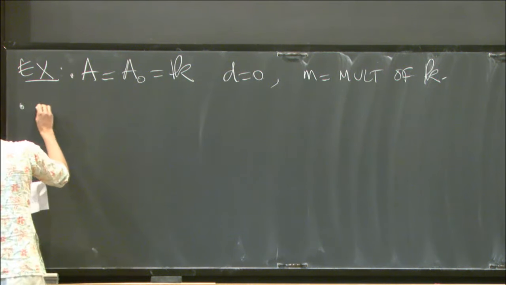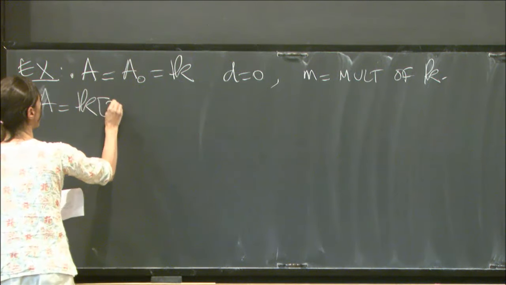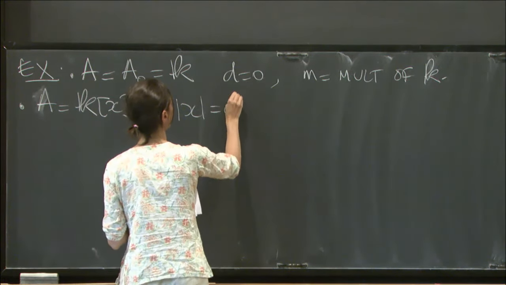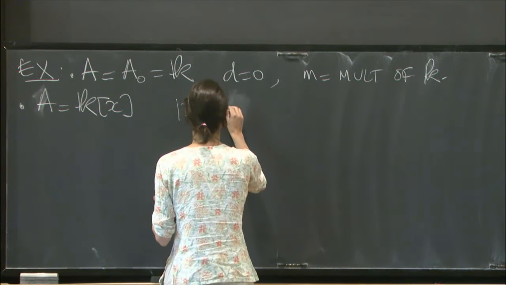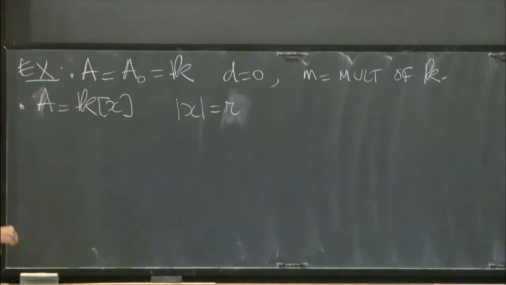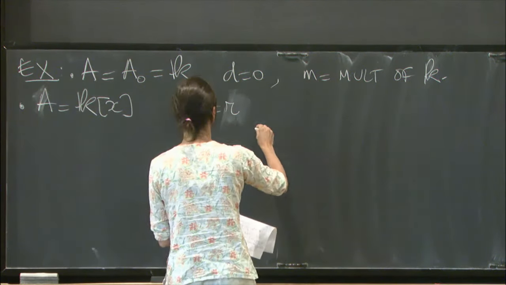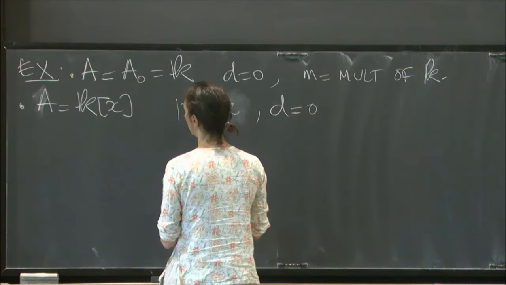I could do something more complicated. I could take, still not too complicated, A is K[x], where I set x in some degree, call it r. And d is still 0, for example. What does this mean?